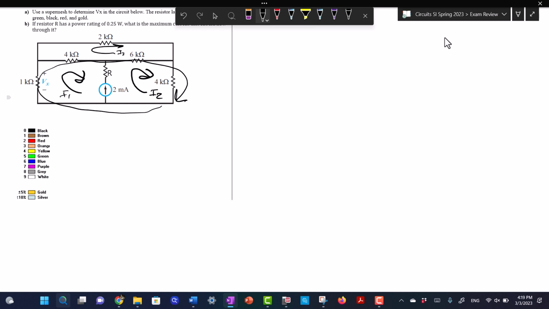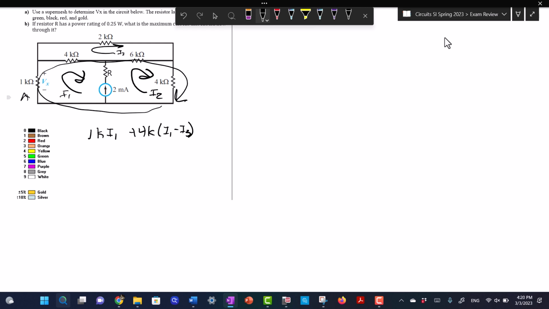So I'll start over here. Going through the 1 kilo ohm resistor, that's 1K times I1. And then I've got this 4 kilo ohm resistor, but that's being shared with I1 and I3. So that's 4K times I1 minus I3.